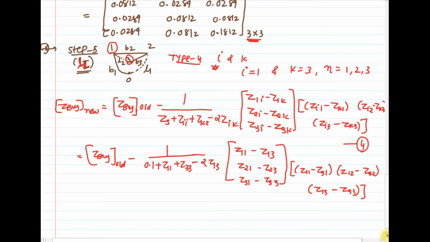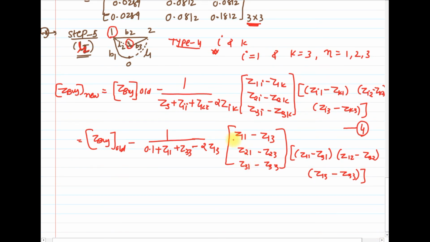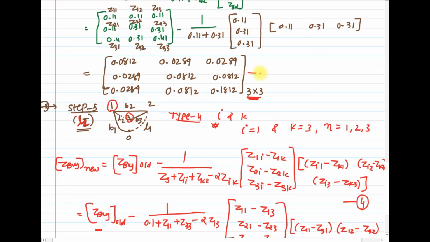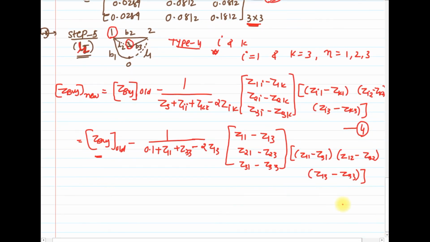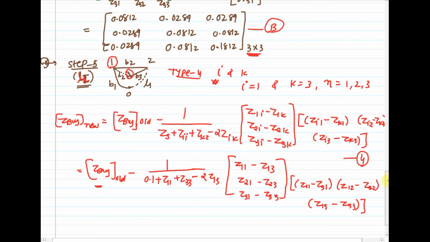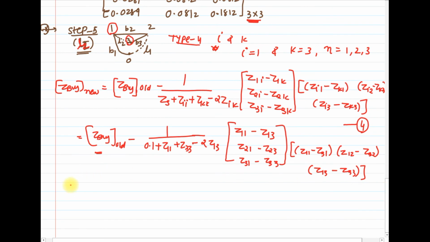So after substituting all the values of z11, z13, z21, z23 and z33 from this old bus matrix, which is derived, and which I will call matrix B, substitute all these elements, all parameters, from matrix B. You will get the final answer.